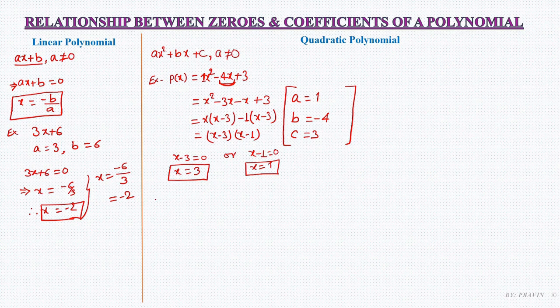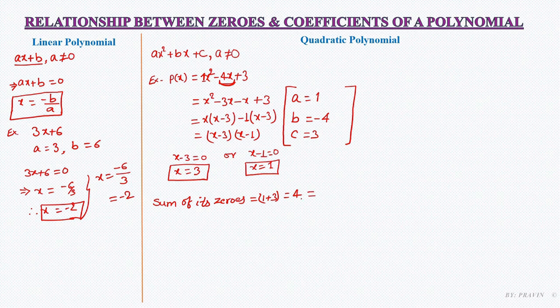We will see the sum of its zeros. So 3 and 1 are its zeros, so what will be its sum? 1 plus 3, this will be 4.